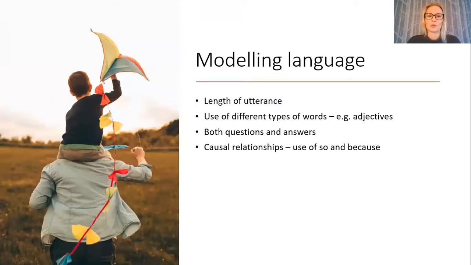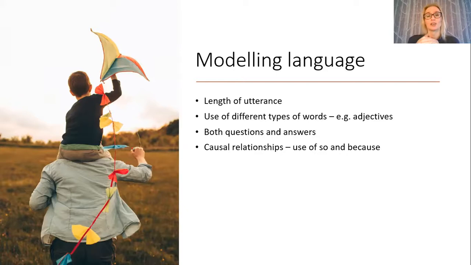Okay, so modeling language. We're modeling language that's just above the expressive level of the child. What sort of things are we going to think about? We might think about the length of utterance, that is, how long our mini sentences are.